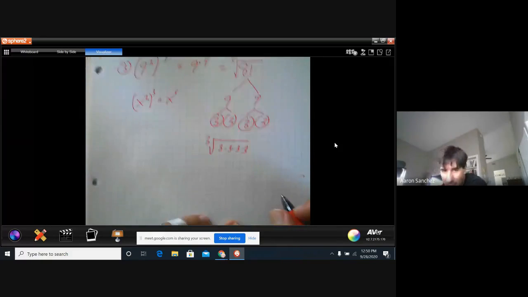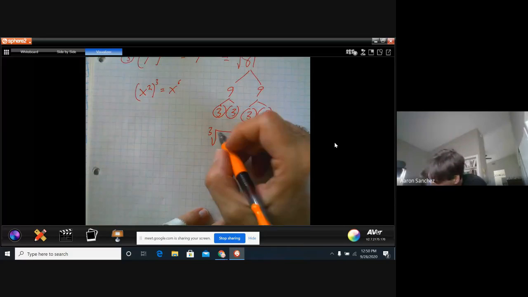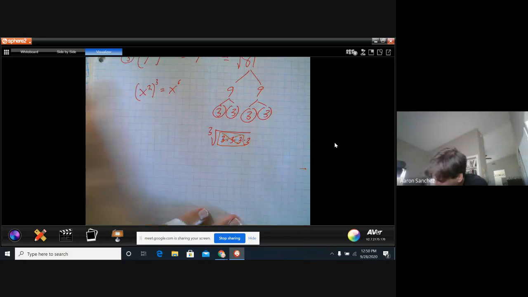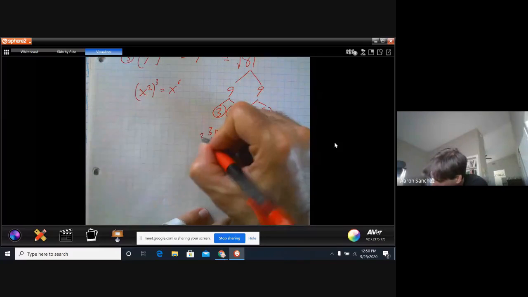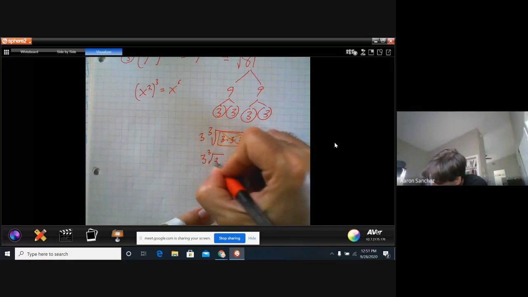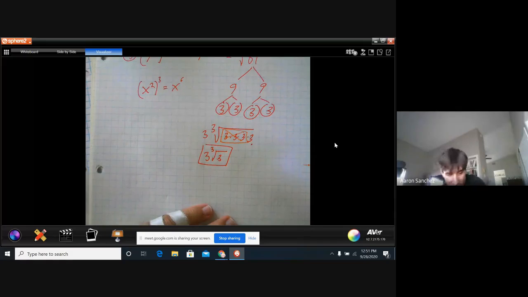How many do I need to get out of here? I need 3. There's 3 right there. Cross them out. That gives us 27. So my answer is 3 cube root 3, because I still have this 3 left in there. And that's all you have to do for number 3, even though that is a lot.